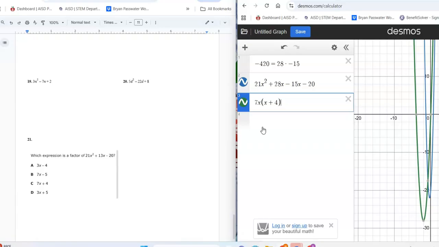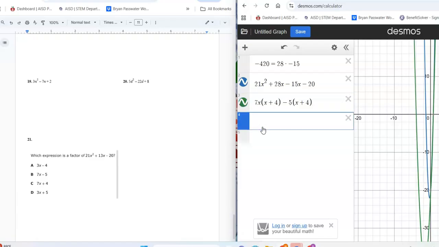Then minus 5, because the greatest common factor of 15x and 20 is 5, and that becomes 3x plus 4. And notice now it brings us to the answer of 7x minus 5 times 3x plus 4, and that means B would have been the answer.